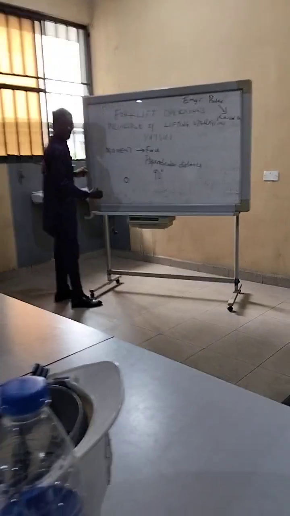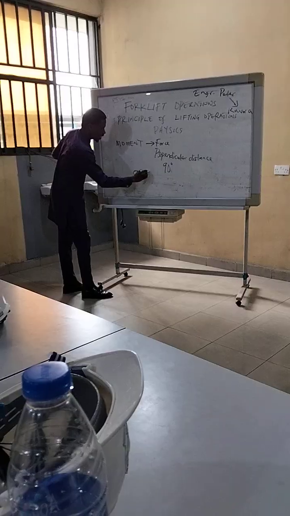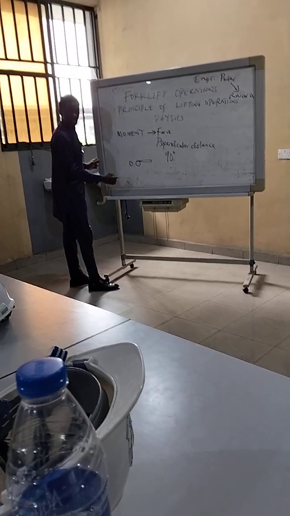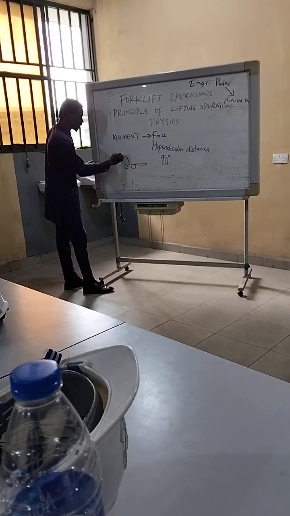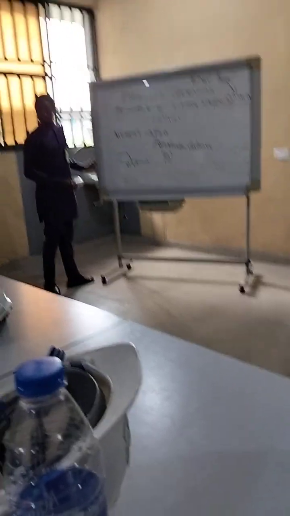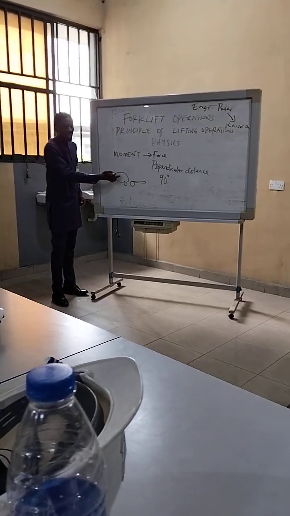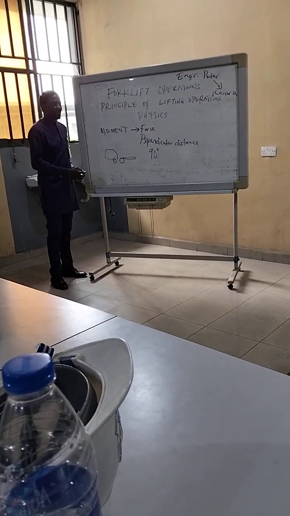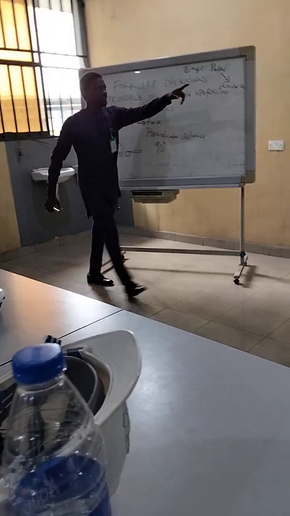Now this is how your forklift works. You know your forklift has tires, right? And then it has the fork at the front, right? Then it has the back tire. Then there's what we call the counterweight. The counterweight is usually made of cast iron. The essence of the counterweight, look at it now.